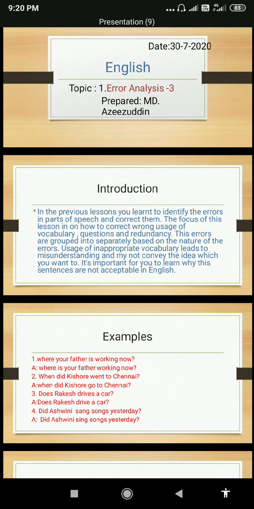Okay, so next, have a glance over slide number 6. Here also a few more examples are given. Example number 1. Please kindly help me. This is wrong. And what is the correct structure of it?